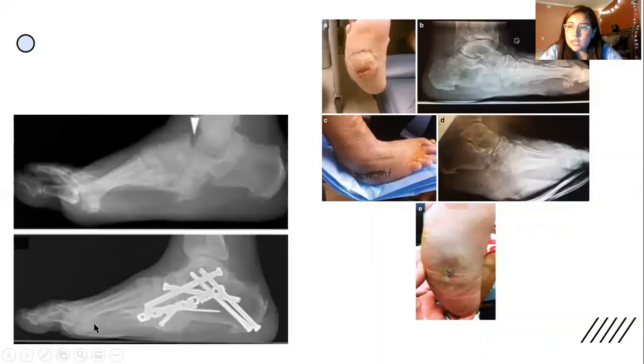I'm pretty sure this is after a couple of months or weeks. We see here an ostectomy, which is the removal of the plantar prominences.